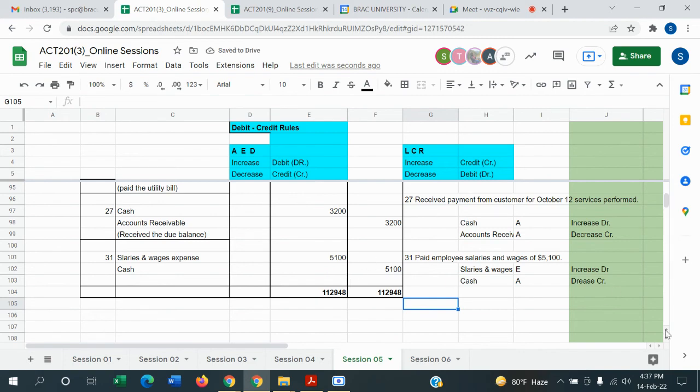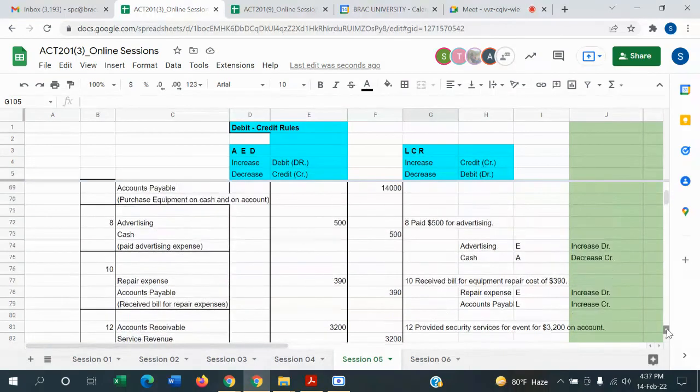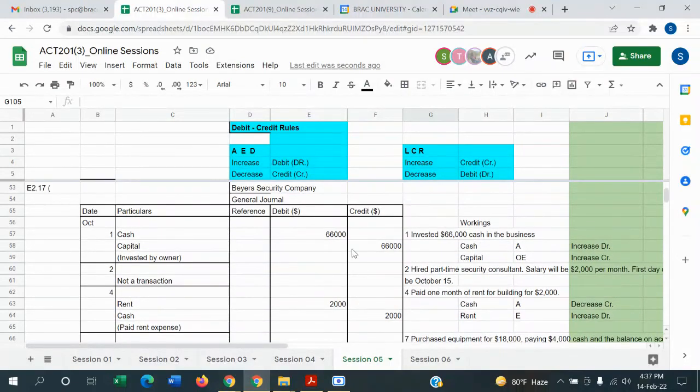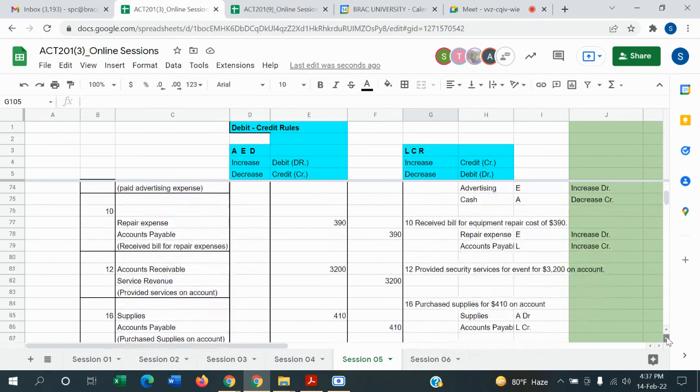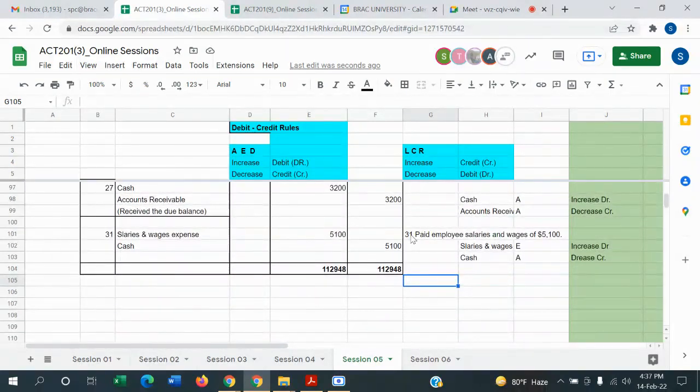Whenever we record into the journal, the same amount is recorded to the debit side and the credit side. That's why the total of the debit column and the total of the credit column are expected to be the same. To find out whether they are the same, we have to sum the debit column and credit column. That's the reason. And this is how we have to do the journals.